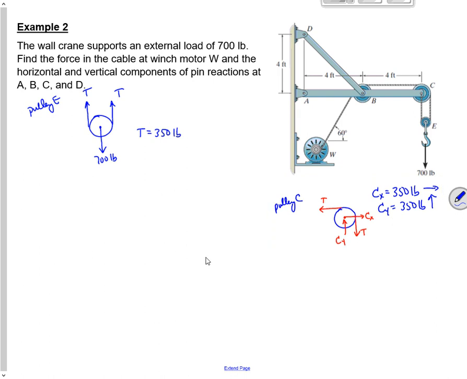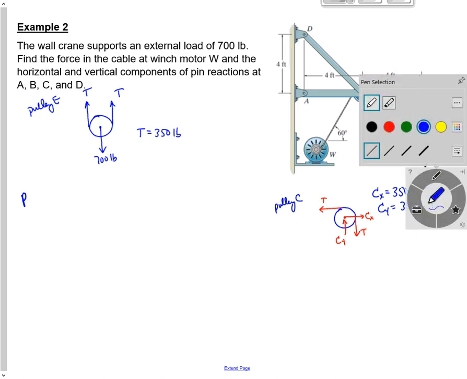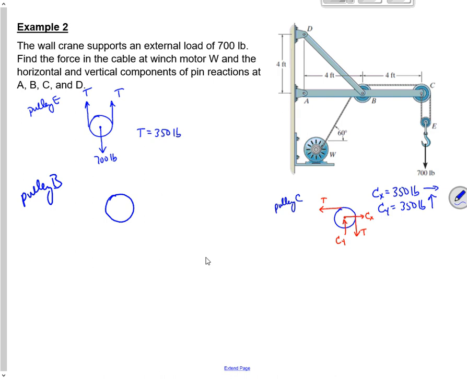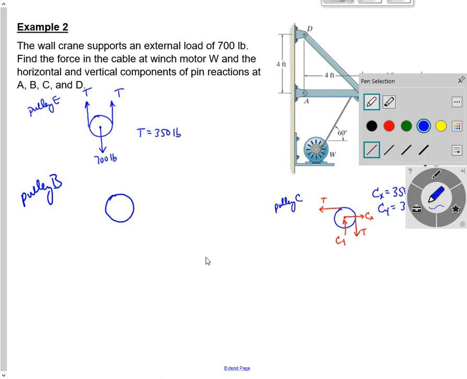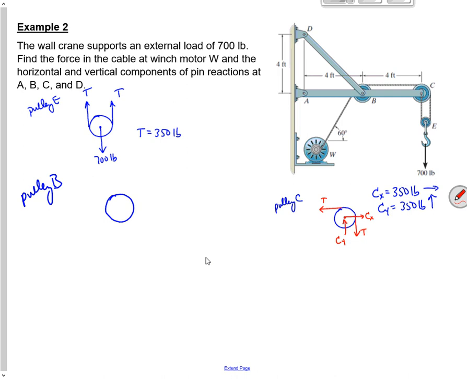So now what? Now let's look at pulley B. I've got a tension pulling this way and a tension pulling this way.